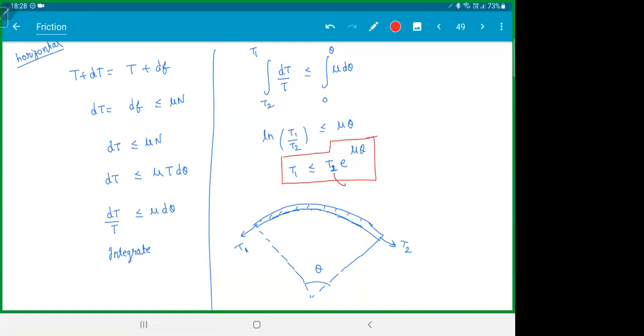T2 is that smaller tension. You can just remember like that. Or the tension on which side the block is trying to go, opposing. Tension which is opposite to the motion of the string.